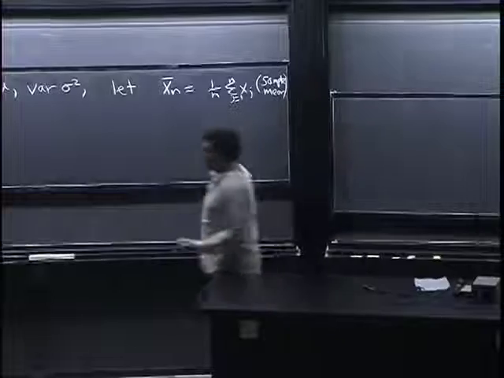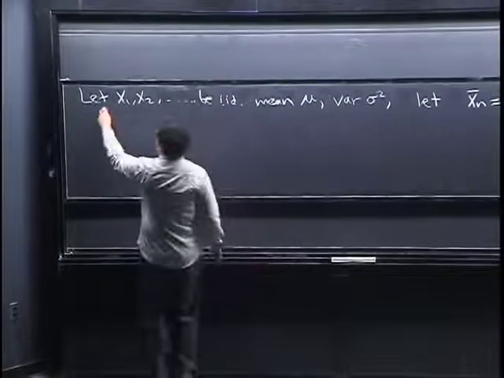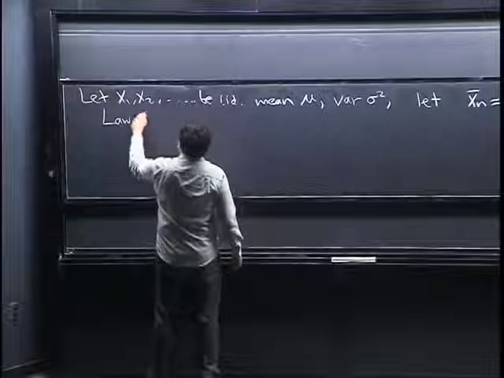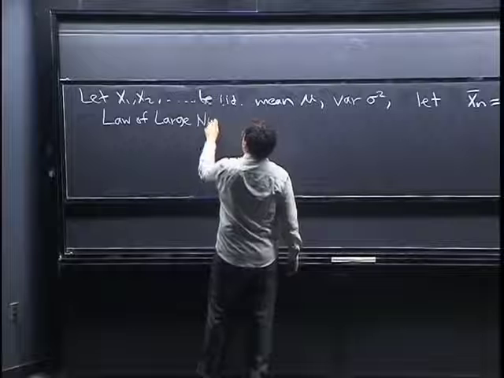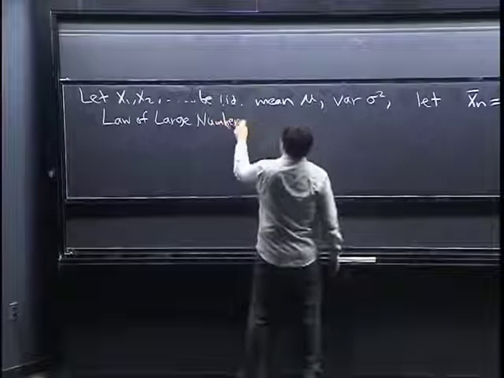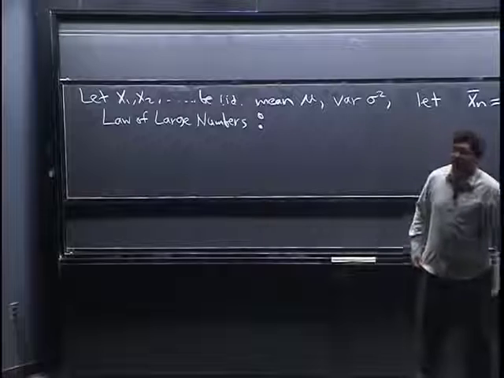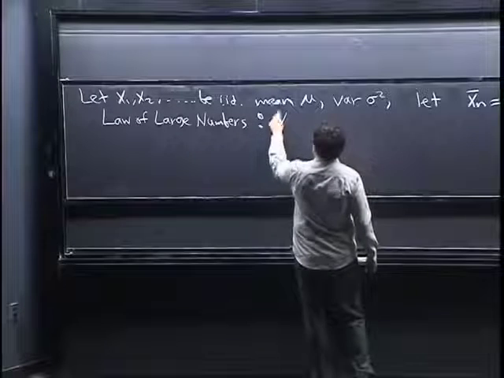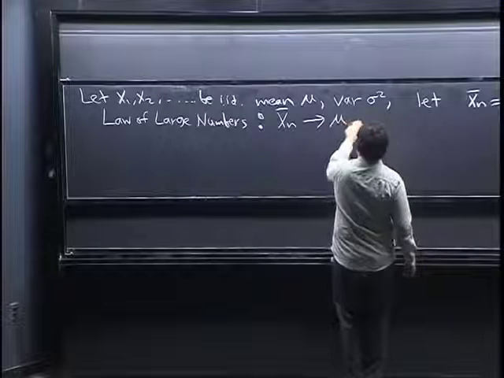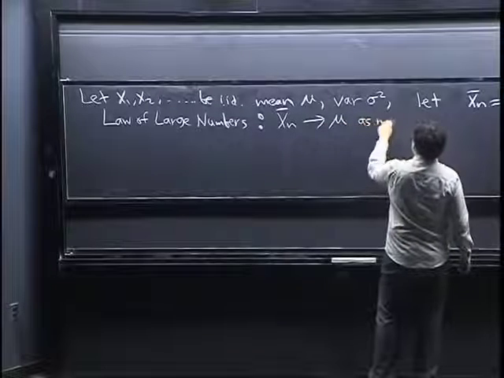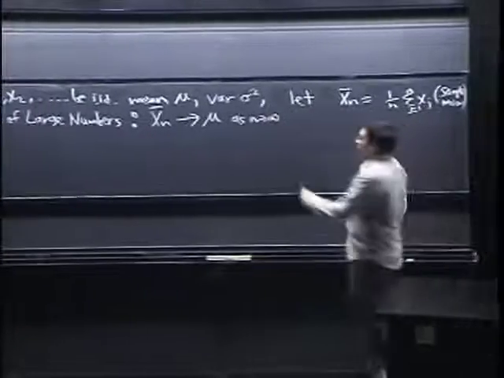All right, so first here's what the law of large numbers says. It's a very simple statement, and hopefully pretty intuitive too. Law of large numbers says that xn bar converges to mu as n goes to infinity with probability 1.